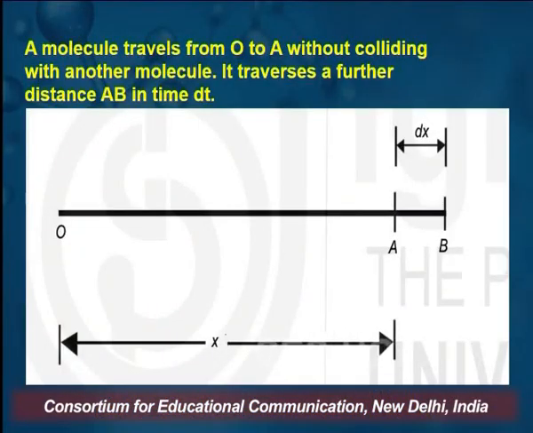So this figure is showing that a molecule is travelling from O to A without colliding with another molecule. It traverses a further distance AB in time dt. This further distance is dx. It's a small distance in comparison to x.